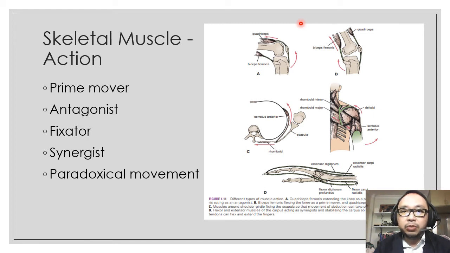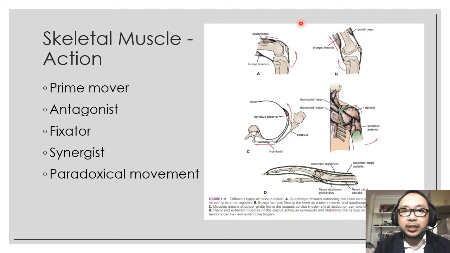The antagonist is the muscle that opposes the action of the prime mover. Kumbaga sa prime mover ang bida, siya yung kontrabida. So in extending the knee, if the quadriceps is your prime mover, your antagonist would be your biceps femoris.